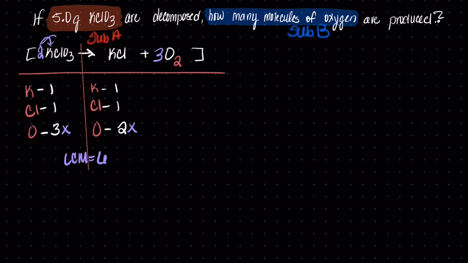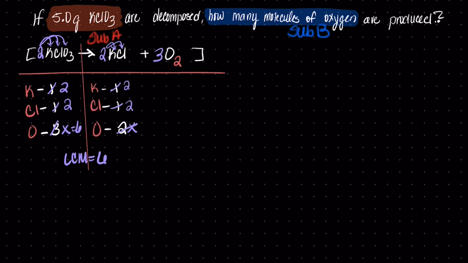Then I'm going to reevaluate my inventory here. So that 2 times that 1 is a 2. That gives me 2 Cls as well, but 2 times that 3 on oxygen equals 6. So, okay, let's see how we're working over here. I probably need to put a 2 right here to make everything balance out.